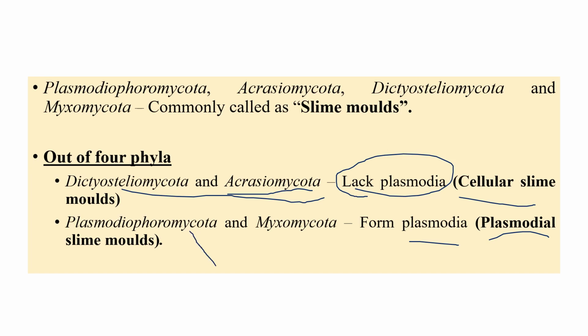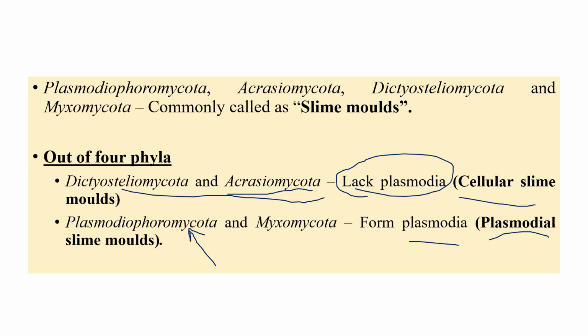The production of plasmodium in the life cycle of clubroot of cabbage or clubroot of crucifers, that is a Plasmodiophoromycota, is a special feature of this fungus, Plasmodiophora. There is no other fungus belonging to Oomycota, Zygomycota, Ascomycota, or Basidiomycota that will produce any plasmodium. Only Plasmodiophoromycota and Myxomycota produce plasmodia in their life cycle.